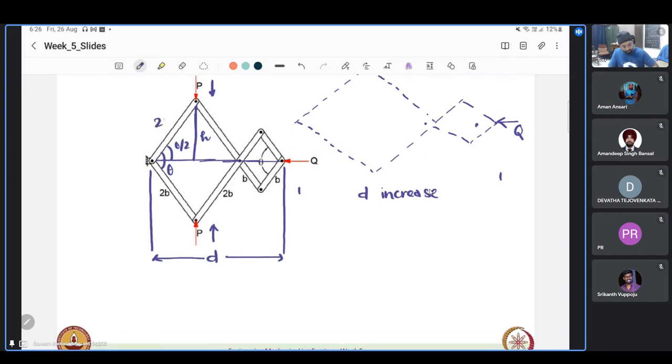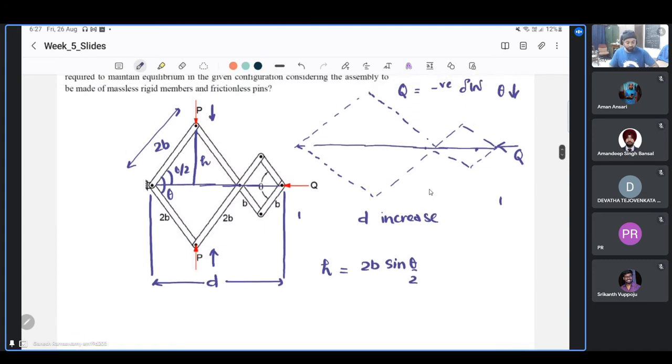This length is given to be 2b. So we can see that H is 2b sine theta by 2. Okay. So from symmetry of the problem, we can see that each P will affect only H. The bottom P will affect this bottom H. Like that.